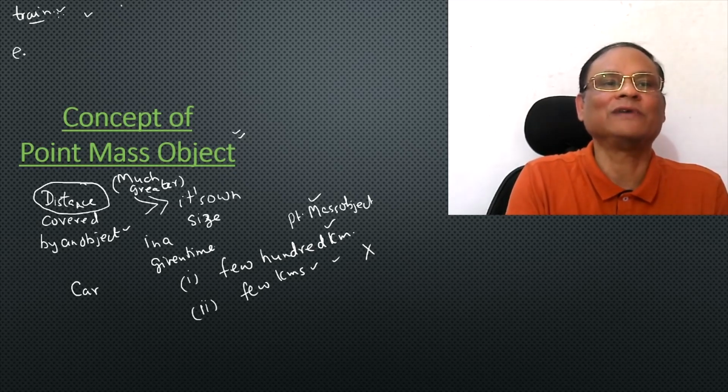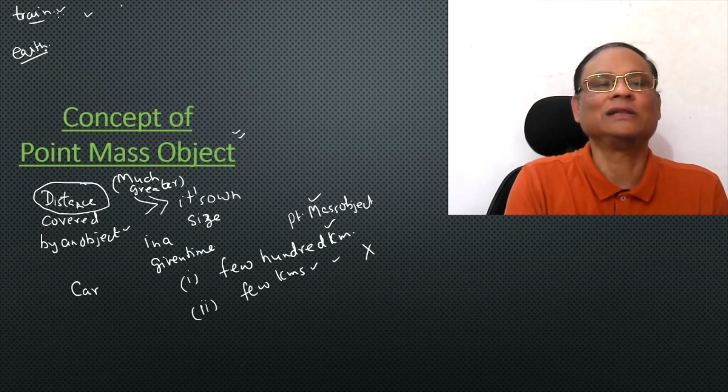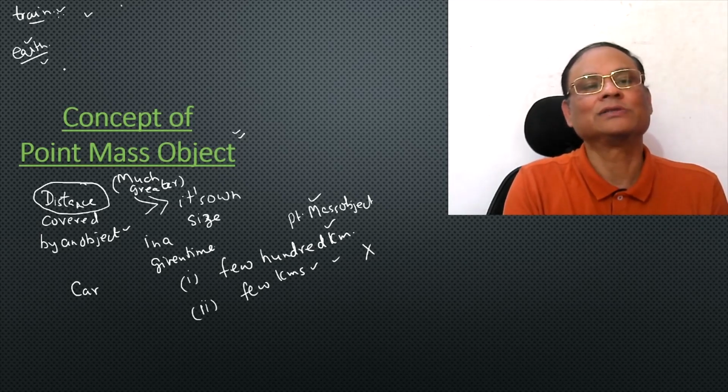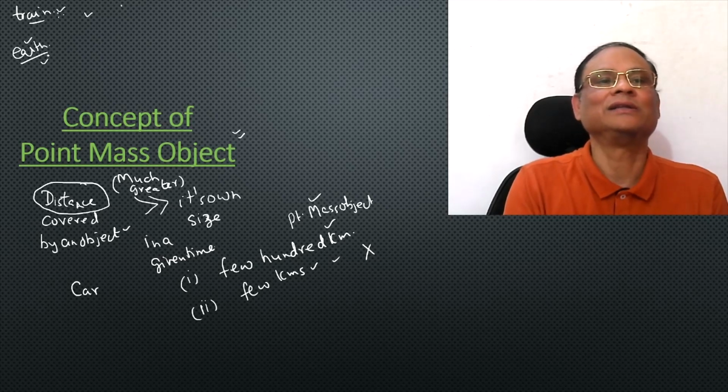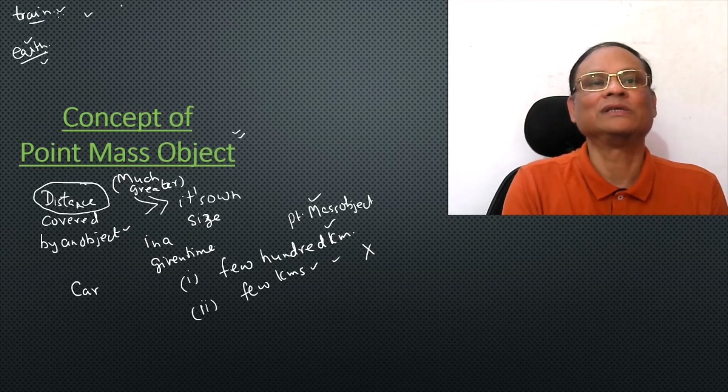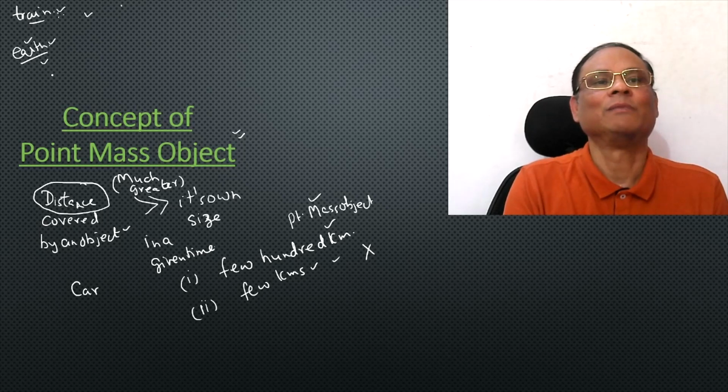Another example is of Earth, when we are studying the motion of the Earth around the Sun. In that case, Earth is considered as a point mass object because its diameter is much less than the distance traveled by the Earth. That means the size, the diameter of the Earth, is much less than the distance it is covering around the Sun. So Earth is considered as a point mass object.